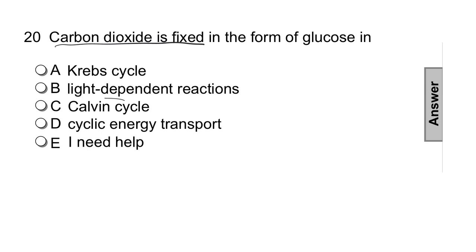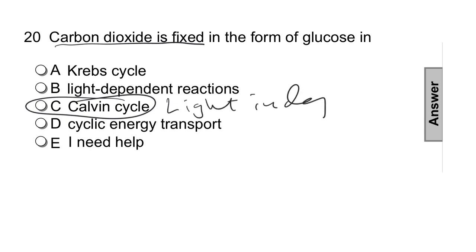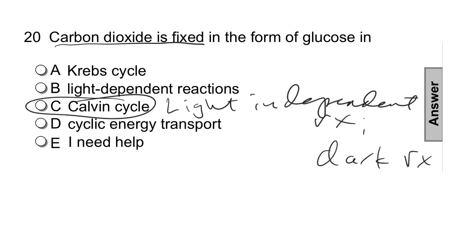The Calvin cycle is also called the light independent reactions. I just call it the dark reactions. You don't need the dark to do it. It's just that you don't need sunlight to continue the dark reactions if you have the ATP and NADPH.